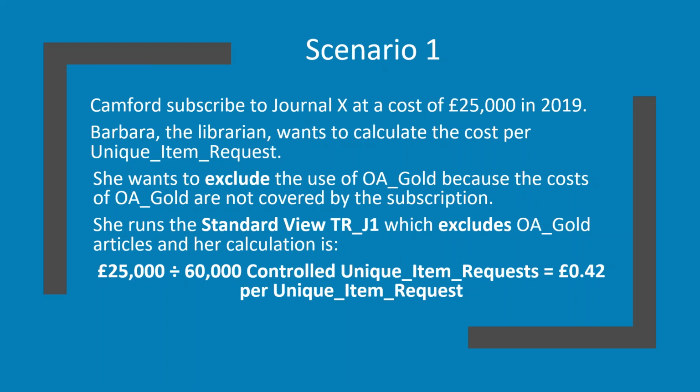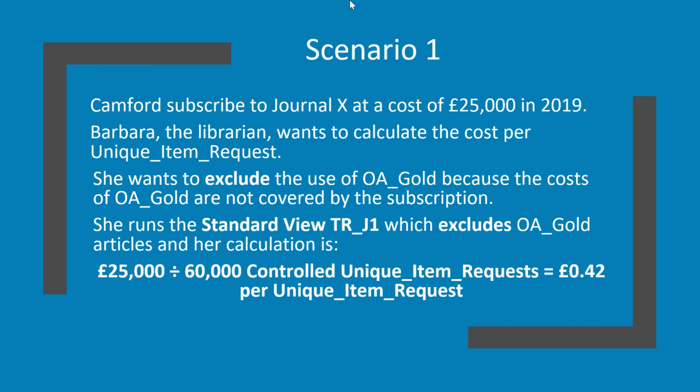So she can very quickly and easily do that calculation to calculate that each unique item request is costing 42 pence. And of course, that calculation would apply whatever currency, euros or dollars, that you were using. So a very quick and easy calculation.